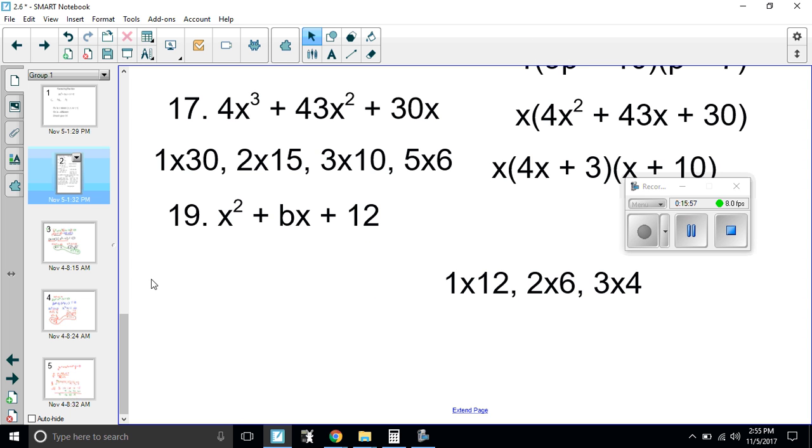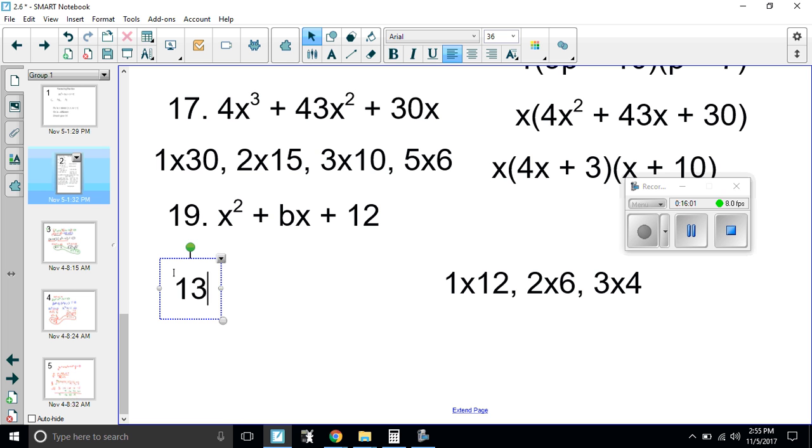So if I would plug those in there and check my OI, I would think b could equal positive 13 or negative 13. Because 12 and 1 would be 13, and then negative 1 and negative 12 would be negative 13. 2 and 6, so it could be 8 and negative 8.